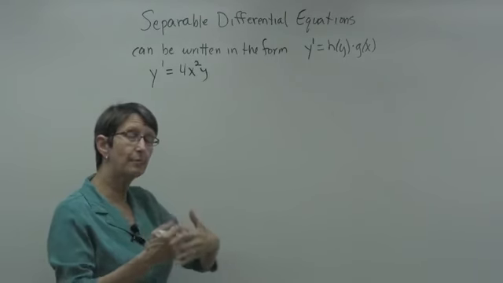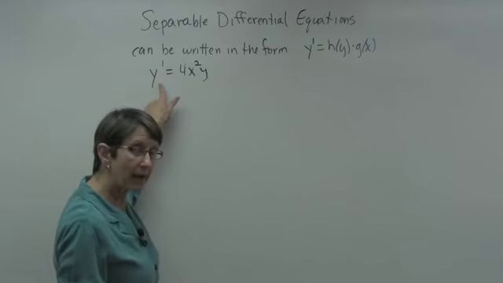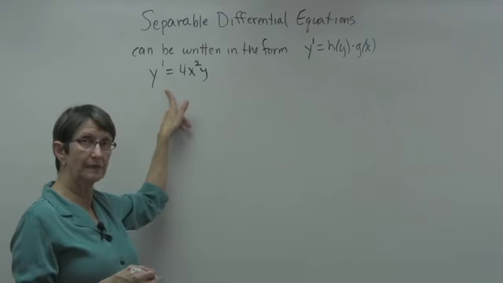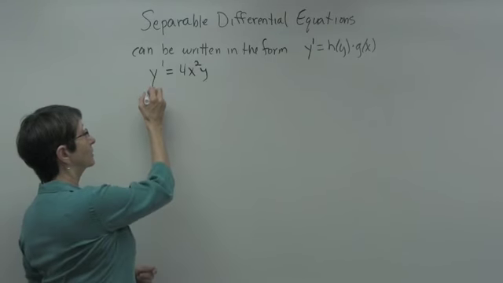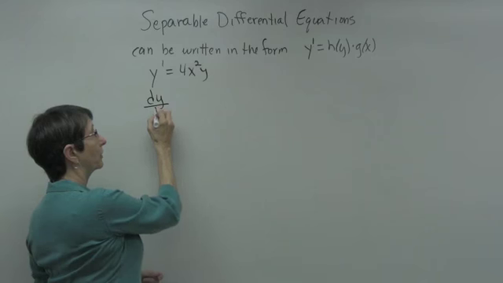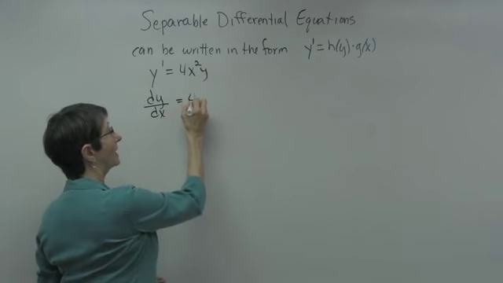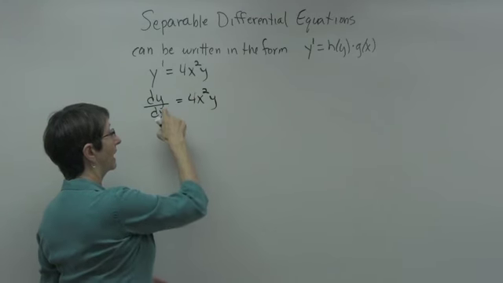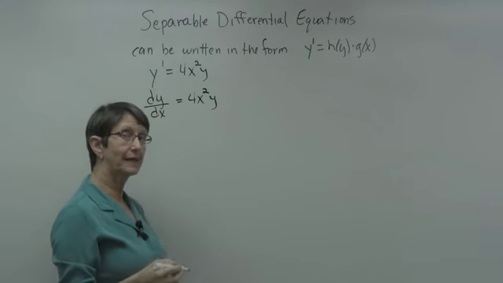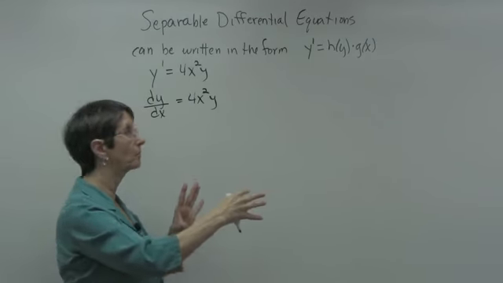In order to separate the variables, you have to go back and remember what y prime really means. Y prime means the derivative of y with respect to x. So I do have an x and a y on both sides, and I want to separate them.